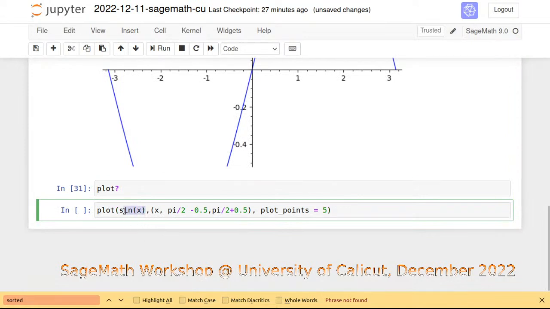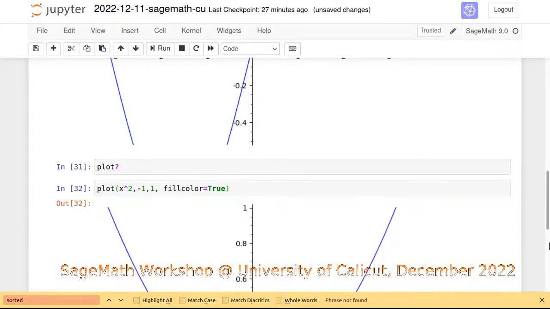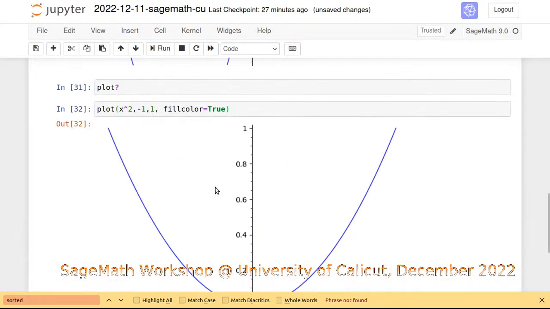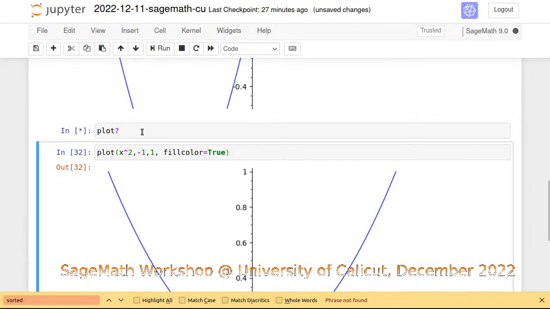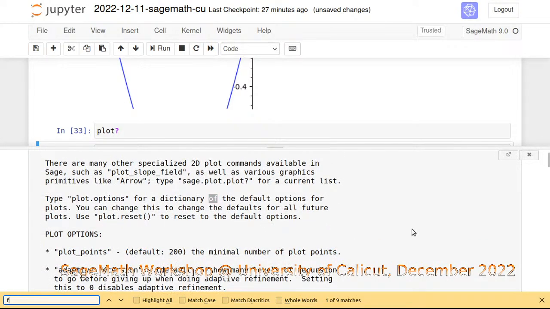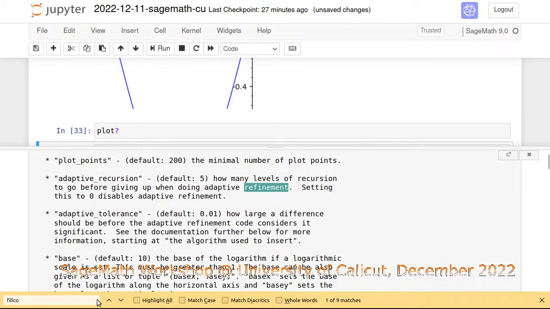Plot maybe x square within the range -1 to 1, and fill color, I don't know, is it true or the color I have to specify. So fill color true, it's not actually working. So let us try to see once again what exactly the fill color stands for.